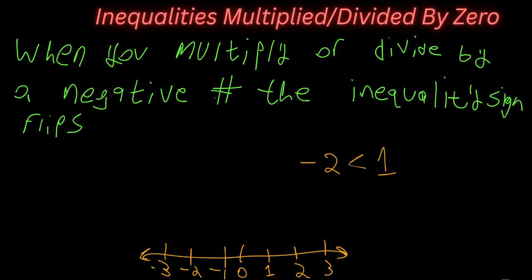So that's graphing this. Let's put it in pink. So that's graphing -2 and 1. This portion here. Okay? We've graphed that there.